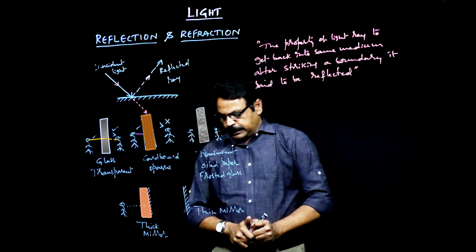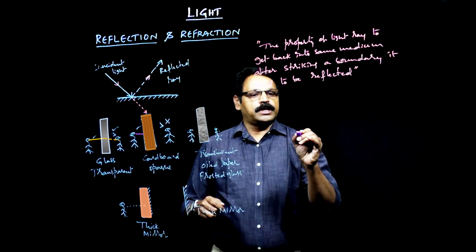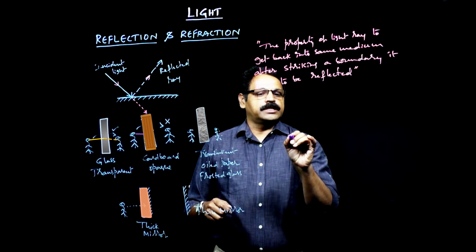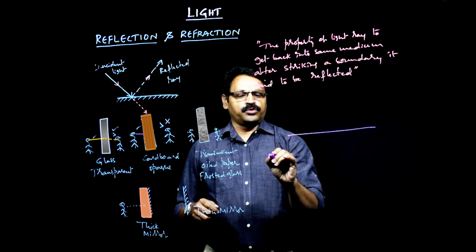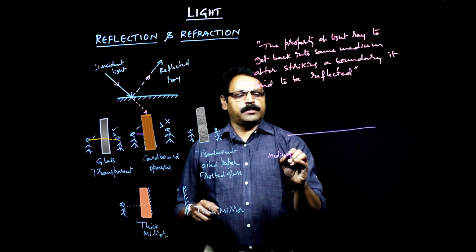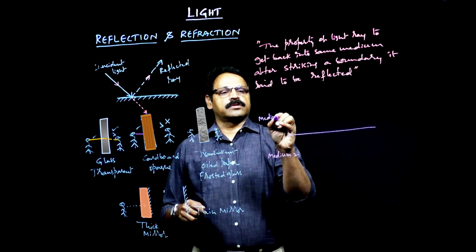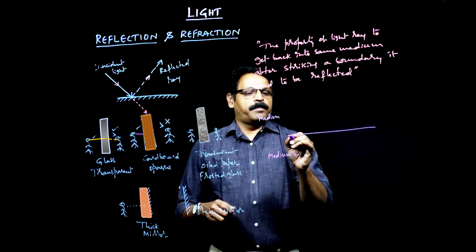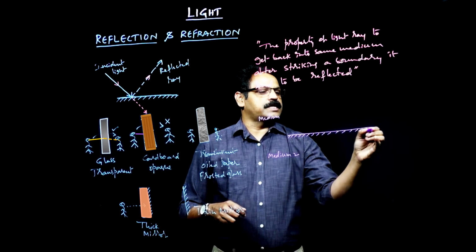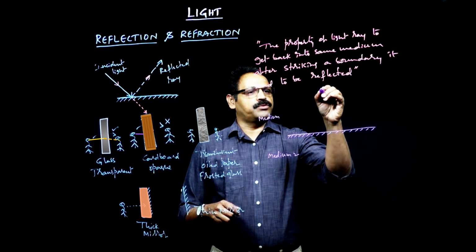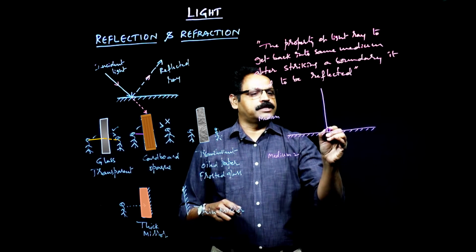In order to explain reflection in a decent way, that means in a pictorial manner, we'll just consider there is a boundary here which separates two media, medium 2 and this is medium 1, we will suppose. And here, perpendicular to this boundary, whatever line you assume, it is an imaginary line. Whenever you imagine a line perpendicular to this, it should be 90 degrees here.